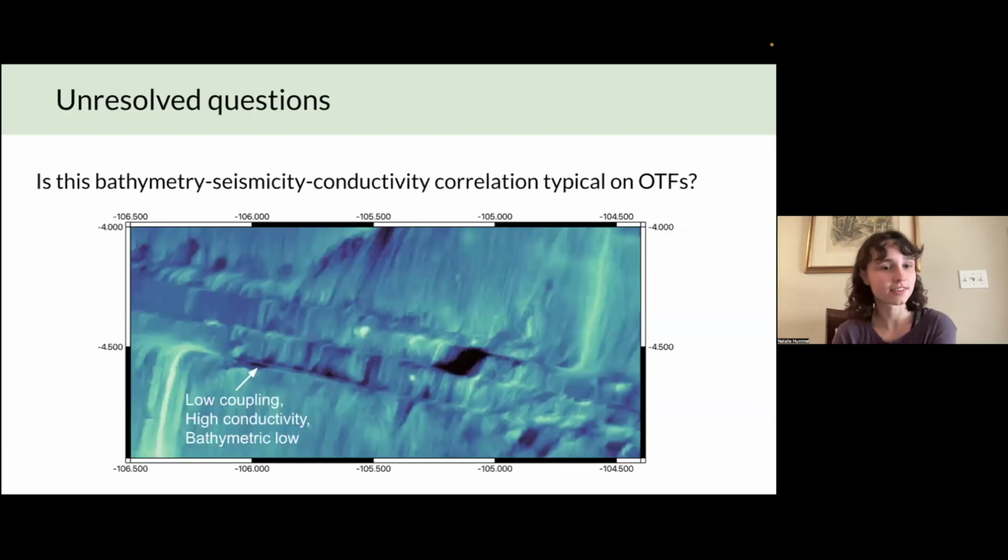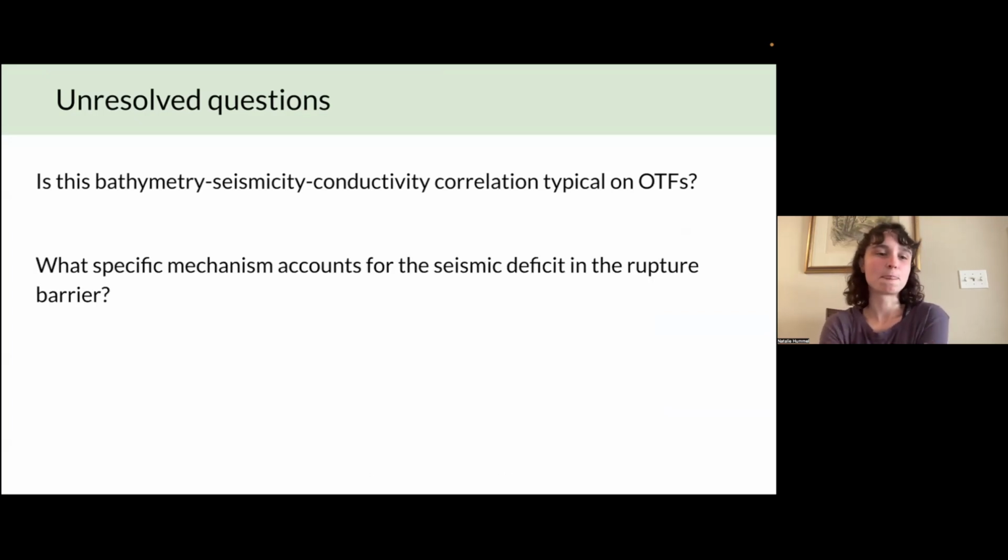There are some outstanding questions. We seem to see this correlation between low coupling, high conductivity, and low bathymetry. But is this typical? We just have this one observation. Unfortunately, I can't answer this question because we only have conductivity data from the Gofar, but maybe one day. It's also hard to pinpoint what specific mechanism accounts for the seismic deficit.